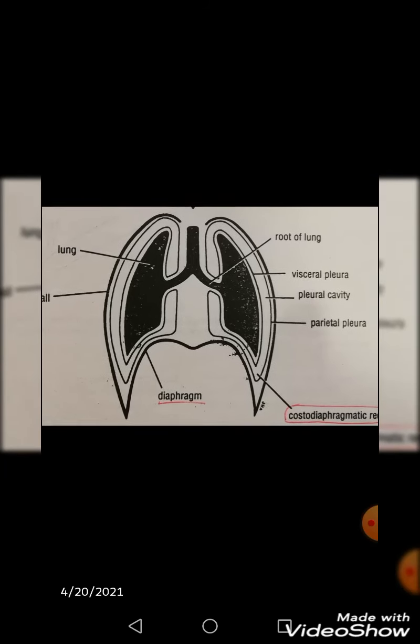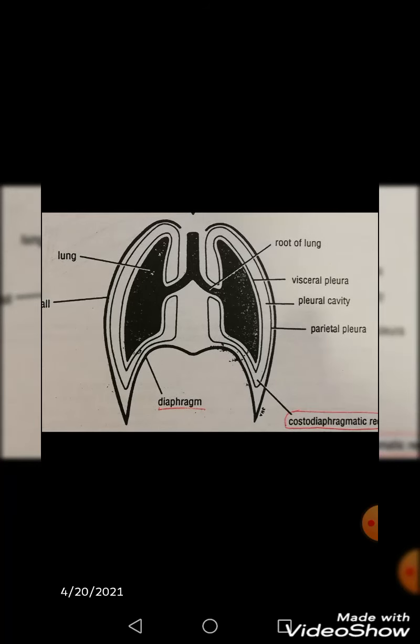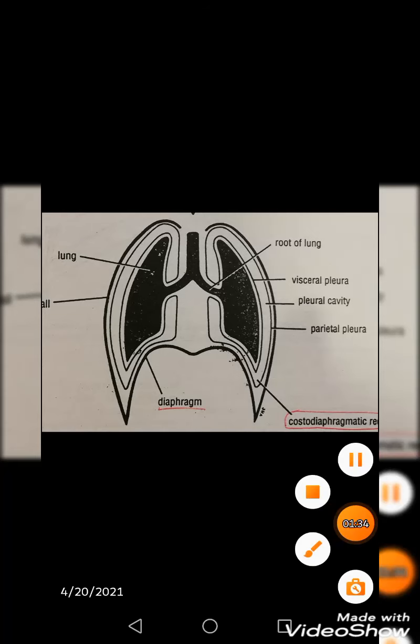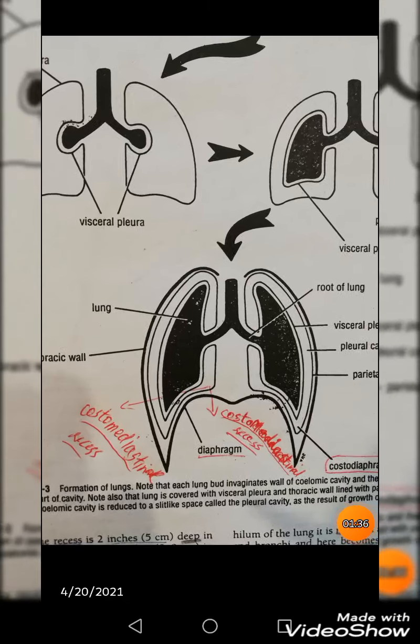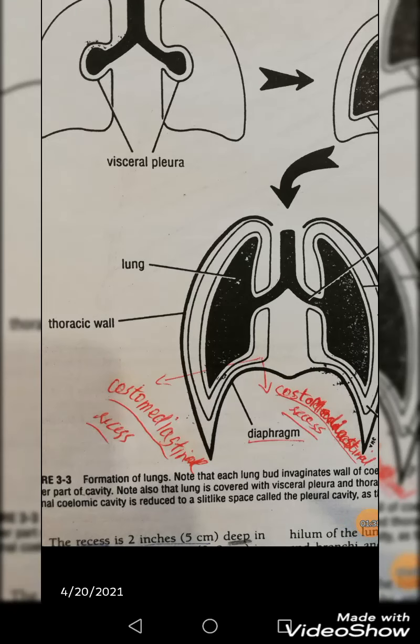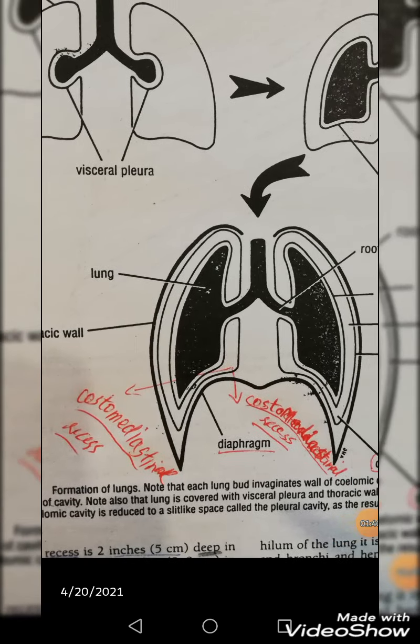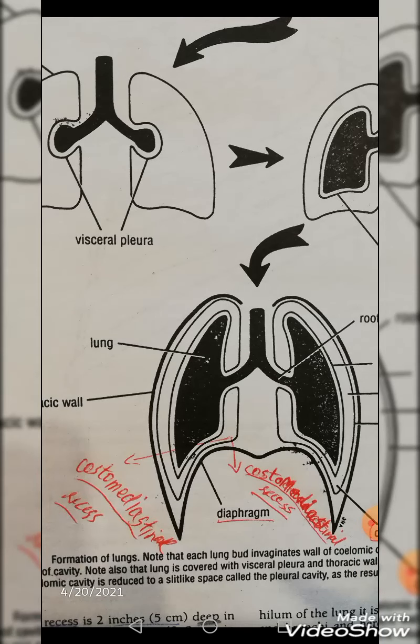See the location of the costodiaphragmatic recess on both sides, and in this picture you can visualize the costomediastinal recess over here. It means the costomediastinal recess is lying in between the costal margin and the mediastinal area, and the costodiaphragmatic is present at the lateral margins on both sides of the lungs.